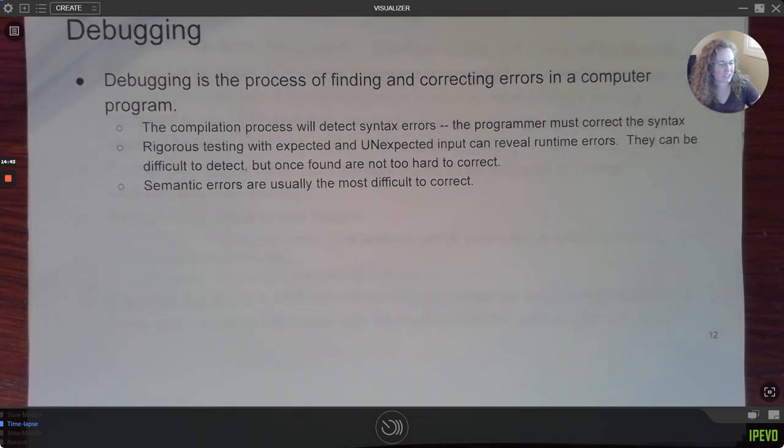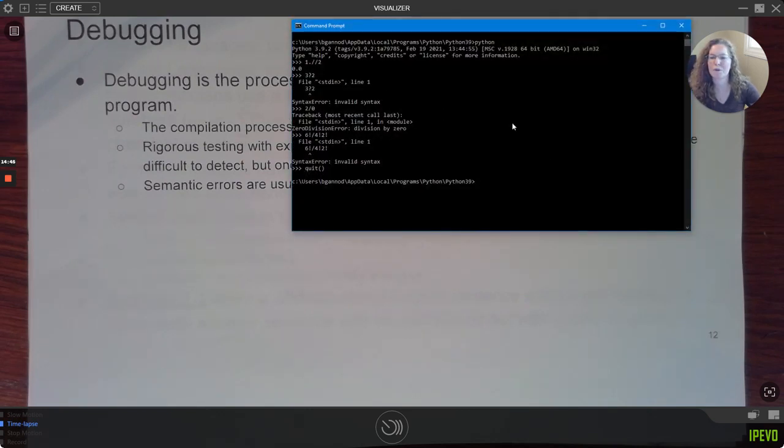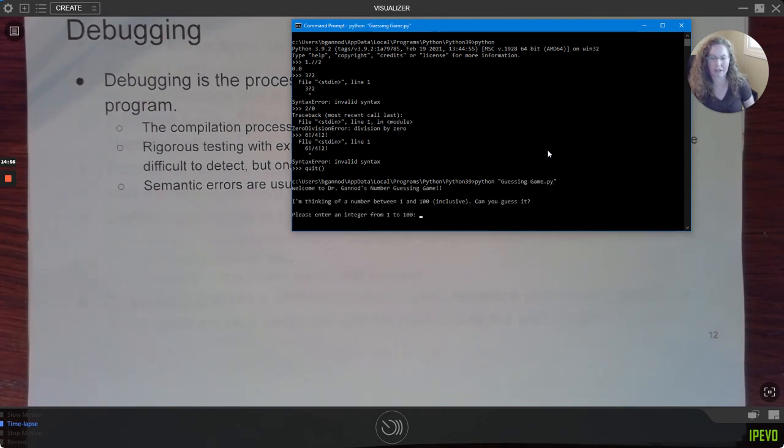So let me give you an example. Remember we had this guessing game program. Let's say I want to run that program. Okay, so I run it. Welcome to Dr. Ganad's number guessing game. I'm thinking of a number between 1 and 100 inclusive. Can you guess it?